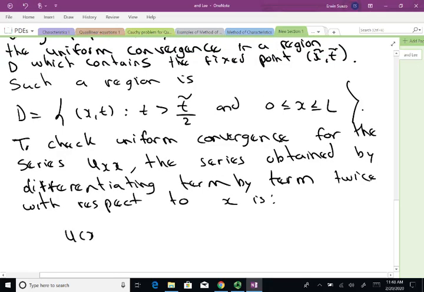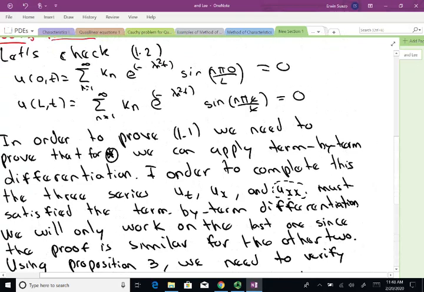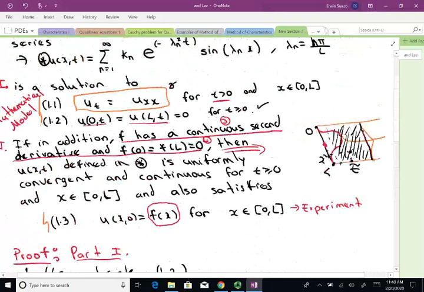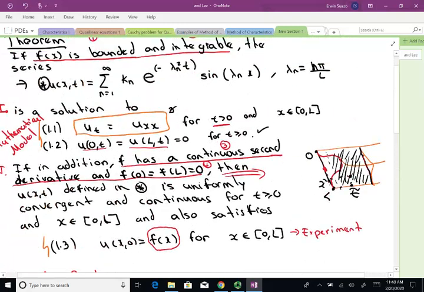So you have u(x,t), and you're going to find the second derivative. So we differentiate term by term as we had done before. The derivative of sine is cosine, the derivative of cosine is minus sine, and lambda n goes outside twice.